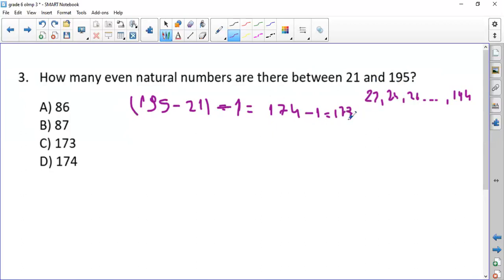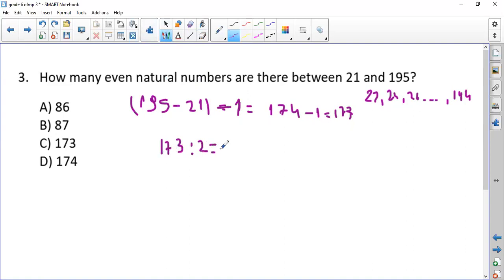So 173 divided by 2 is what? I have 173 divided by 2. Okay, half of the numbers.